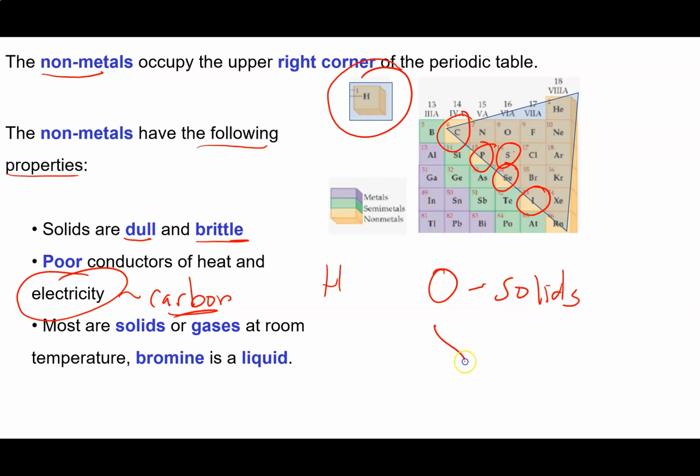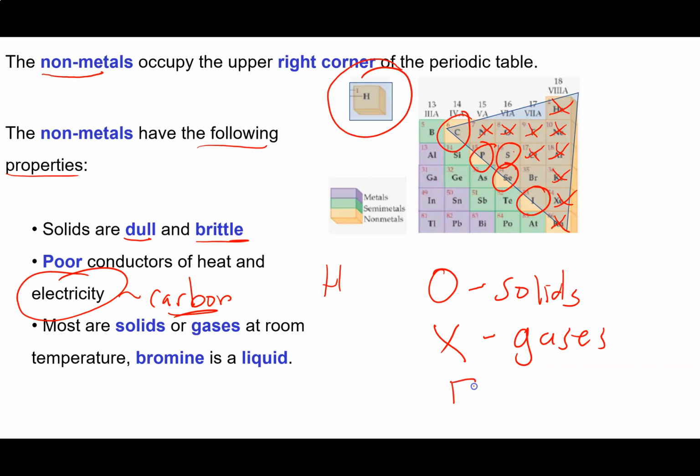And then I'm going to put crosses through the ones that are gases. So helium, neon, argon, krypton, xenon, and radon are all gases, as is nitrogen, oxygen, fluorine, and chlorine.